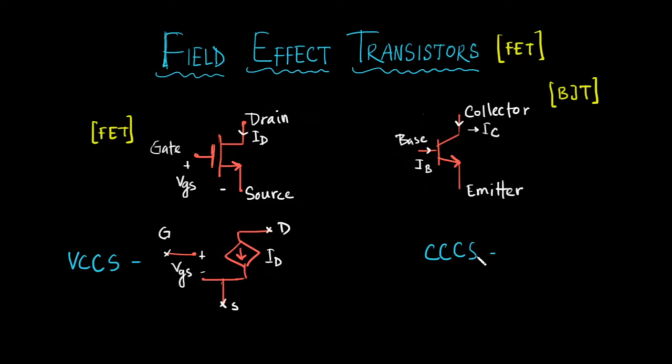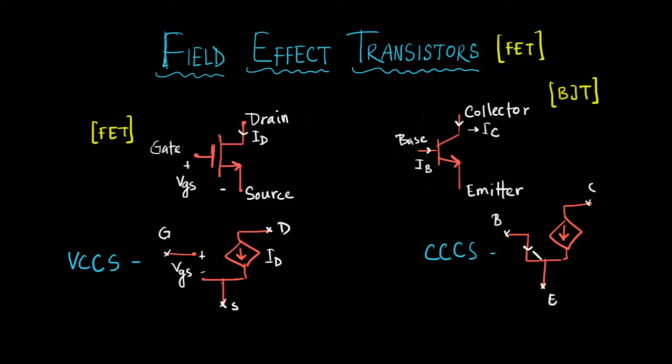In the same way, what we drew for BJTs was a BJT like this. This was the base, this was the collector, and this was the emitter.